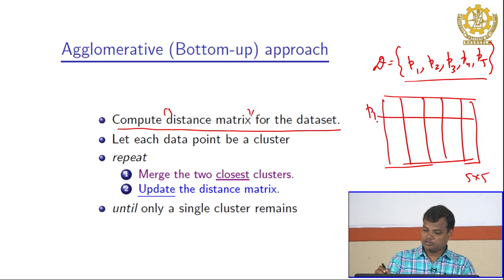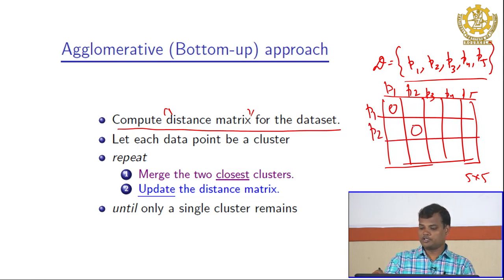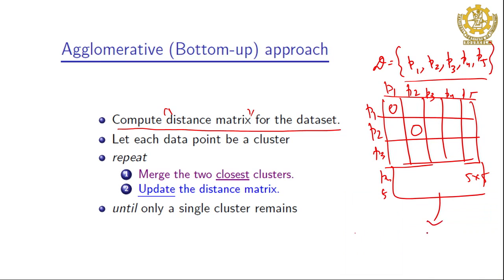From point P1 to all other points P2, P3, P4, P5 we find the distance; from P1 to P1, obviously, it is 0. Similarly for P2 to all other points, P3, P4 and P5 and so on. This is the distance matrix.